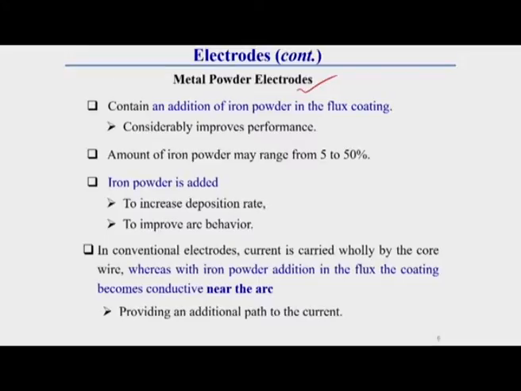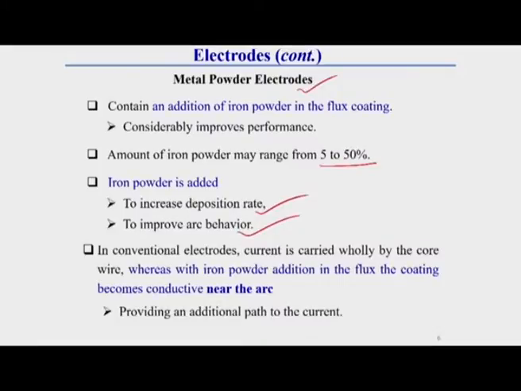How, I will discuss subsequently. Here the amount of iron powder in the flux composition can vary from 5 to 50%. Generally iron powder is added to increase deposition rate and to improve arc behavior. Keep this in mind. How it increases deposition rate and improves arc behavior, I will discuss.